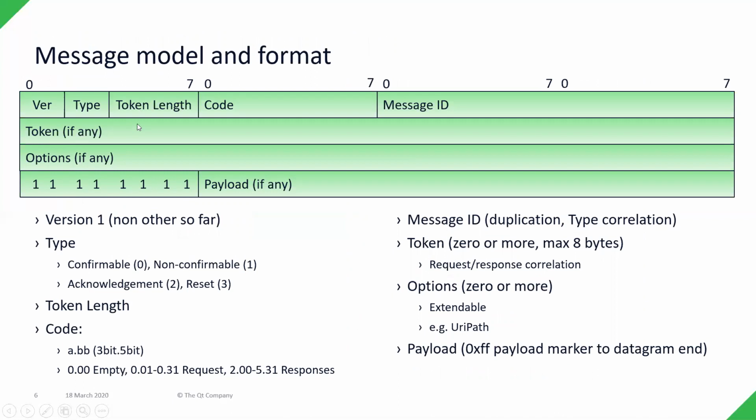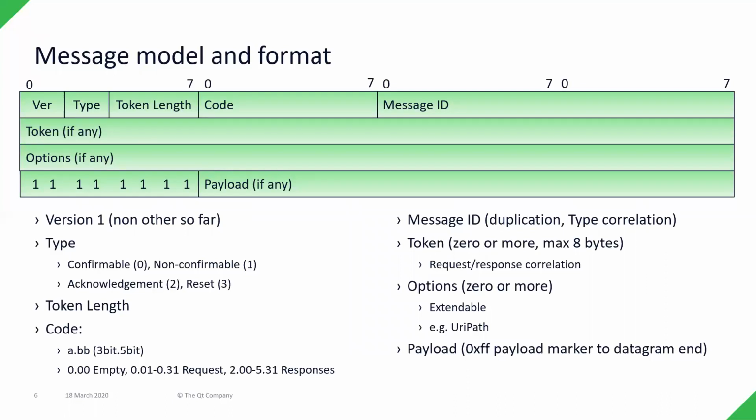Or if you, for instance, have a block request where you have multiple parts chunked off coming one after the other, then all the responses would have the same token, but the message ID for those would actually be different, because a block request is typically also a pair of request and responses.